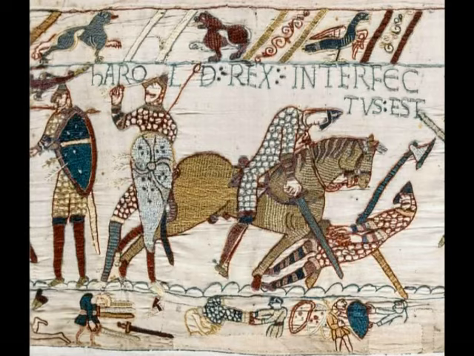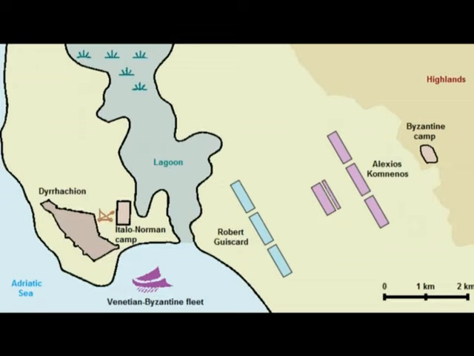Alexios hoped to catch the Normans off guard, so he thought that Robert would not have crossed this stretch of sea, essentially a lagoon, that connected the peninsula with the mainland. He thought to simply amaze the Normans with his approach. And yet Robert was, as we were saying before, well aware of the enemy movements.